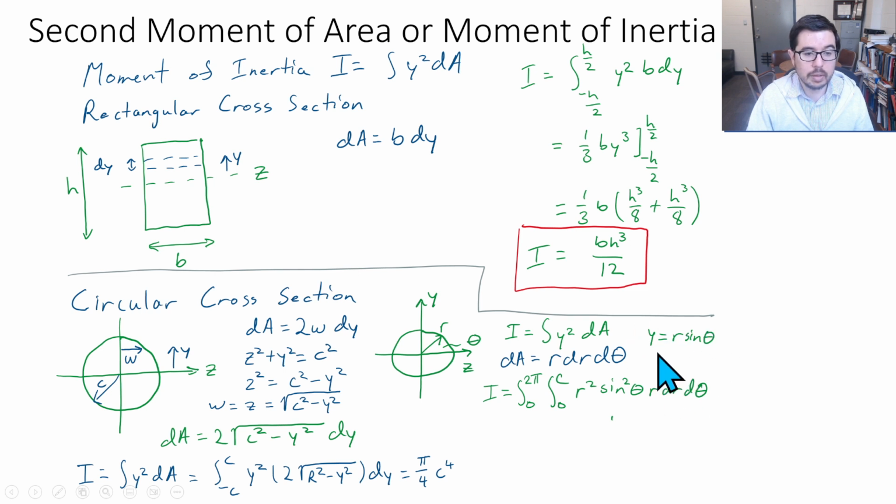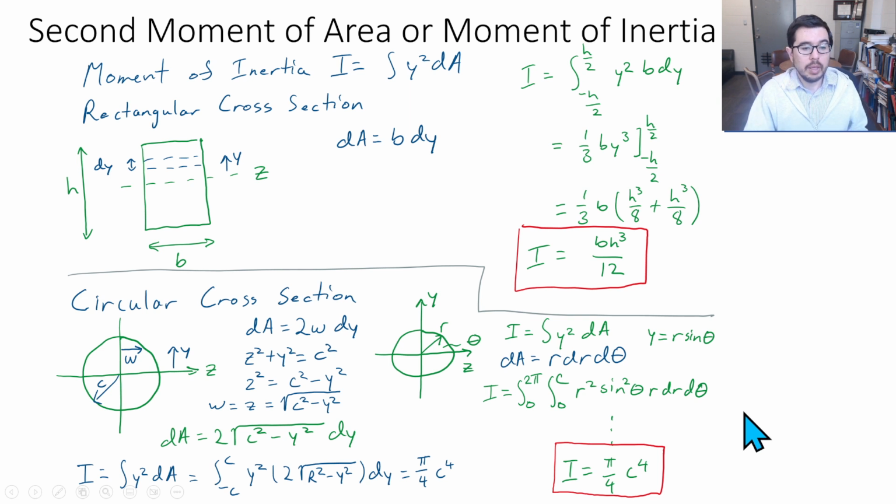Okay, that's the r squared sine squared theta, coming from the y squared. Okay, so now we can integrate this term, and if you do the algebra out, you can get the same quantity, I is equal to pi over 4 c to the fourth.